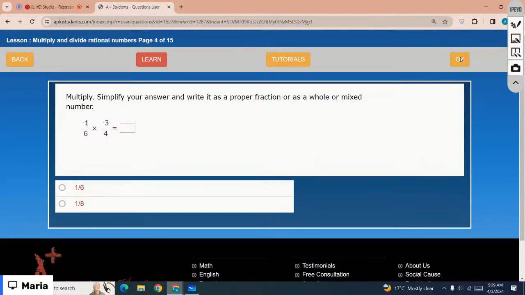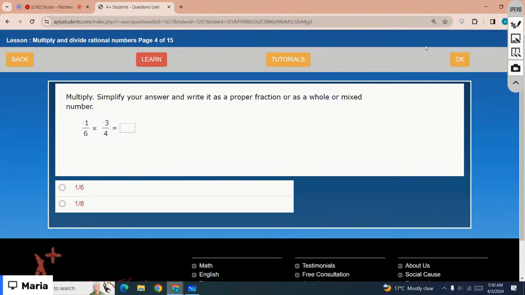Multiply negative 1 over 6 times 3 over 4. So which is the correct option? Yes, that is negative 1 over 8.